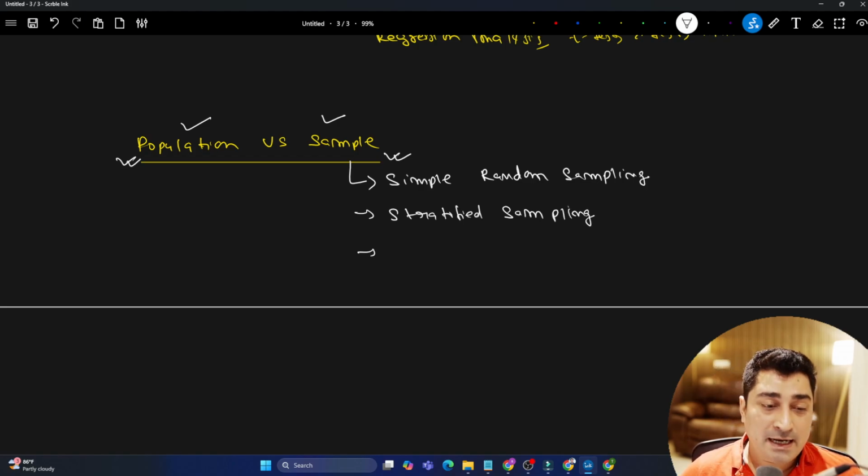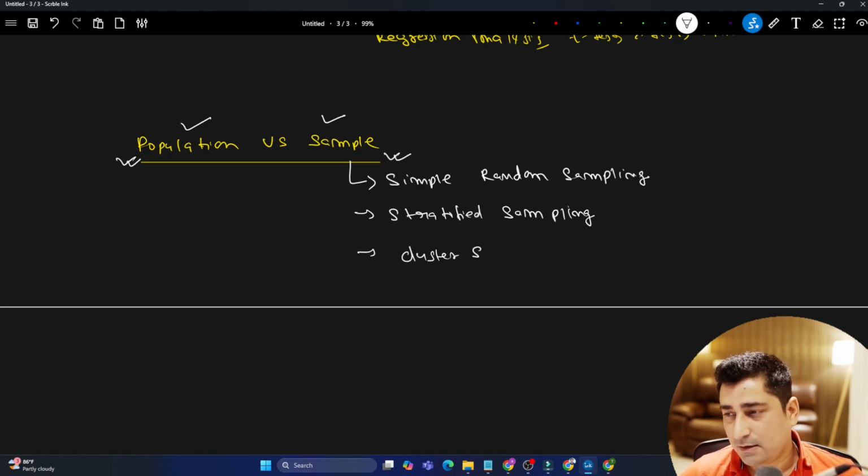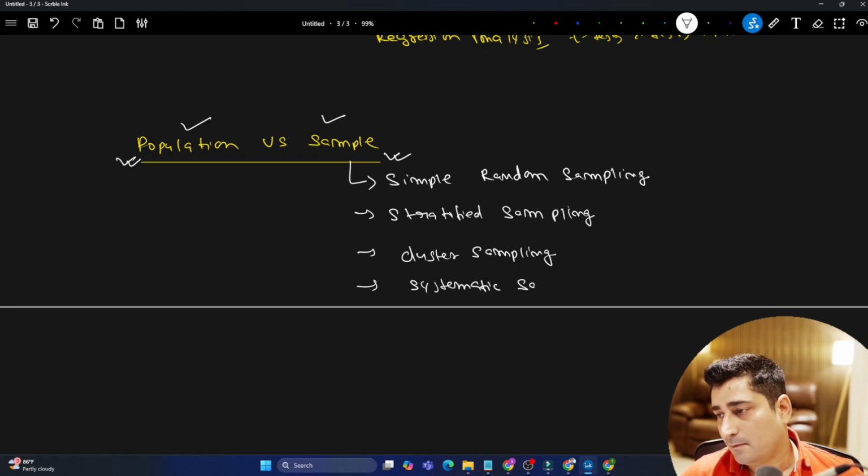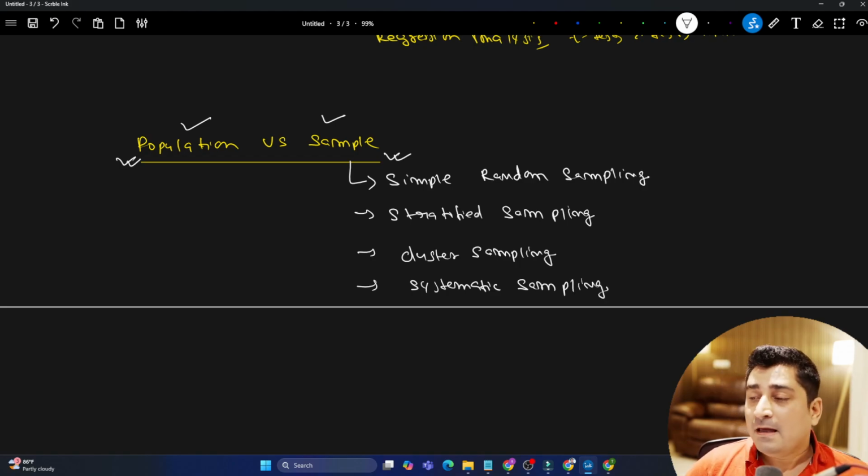The third kind of approach is called cluster sampling. And the fourth kind of approach is called systematic sampling. So these are just a couple of approaches I have written over here.